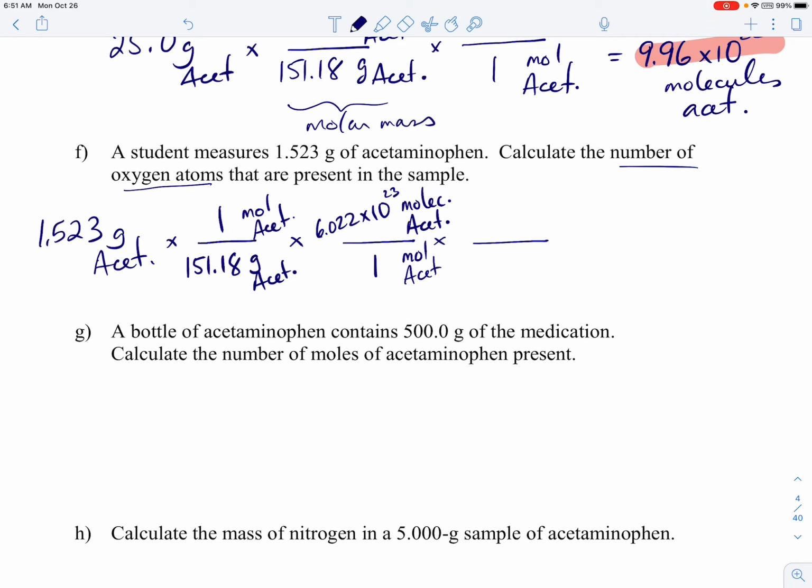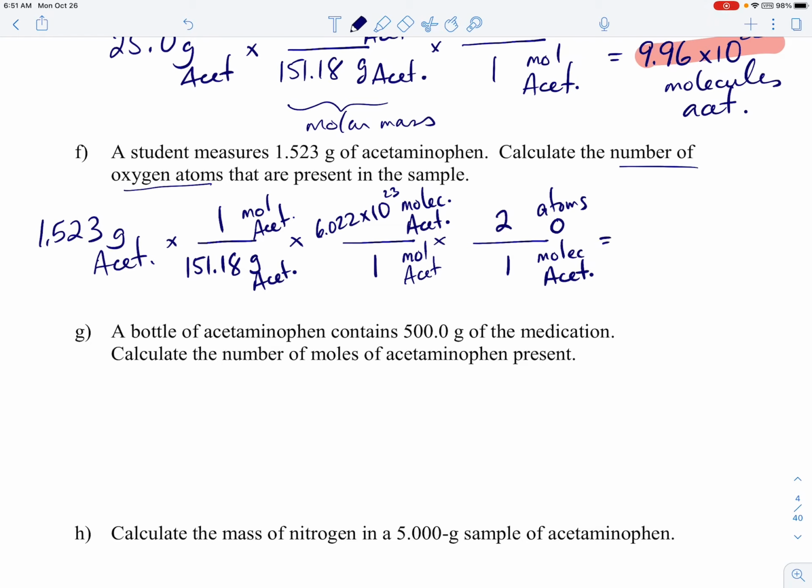And then finally, we just saw that the molecules of acetaminophen can be converted to atoms of any element that's in the molecule. In this case, atoms of oxygen, because we saw in the molecular formula or the molecular structure that there were 2 atoms of oxygen in every 1 molecule of acetaminophen.